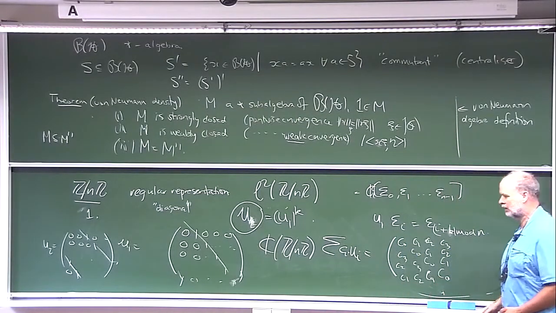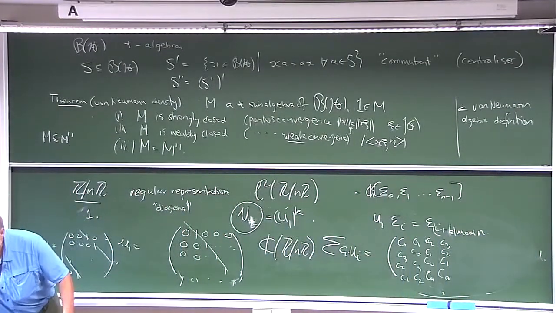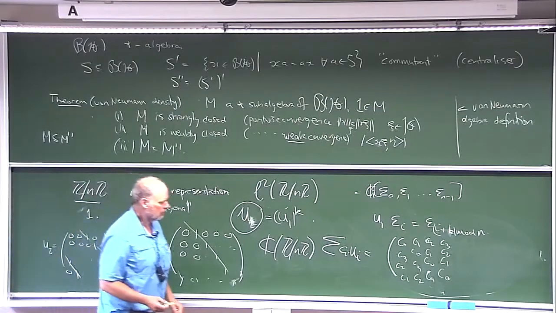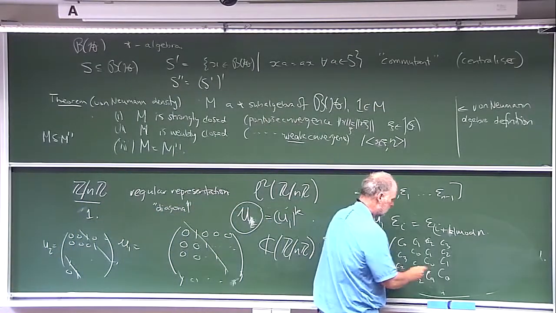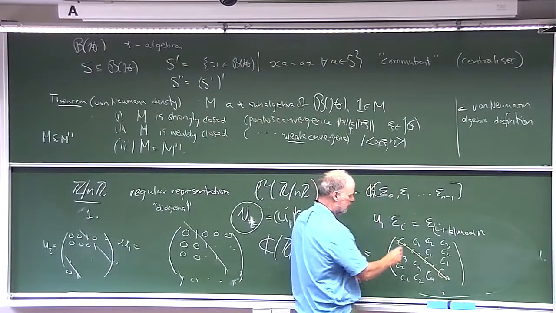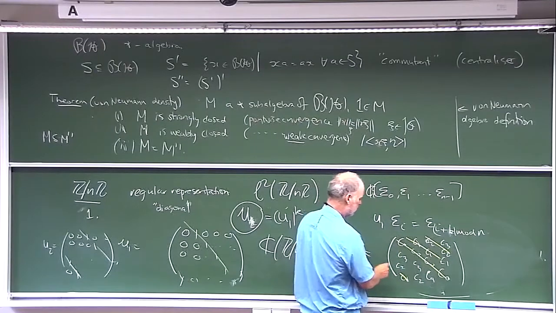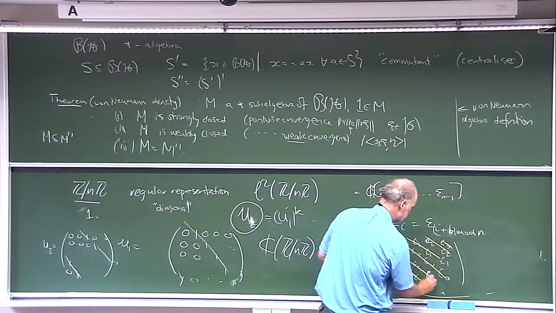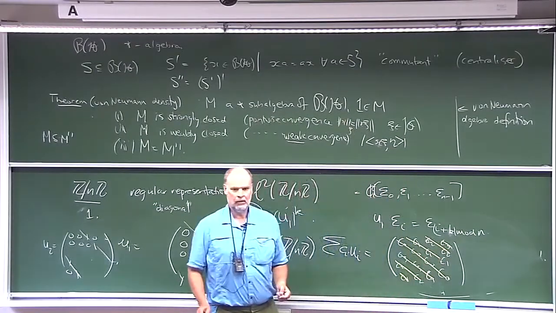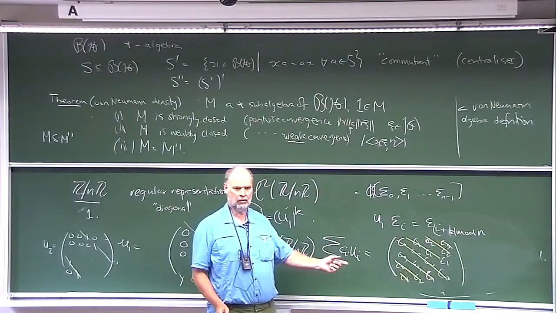The point, and I really want to drive this home, is that the matrix is constant along these diagonals. Constant there, constant there, and constant there. Where did the C2s go? And then there's the C3s. Okay? So it's very trivial, very hands-on.